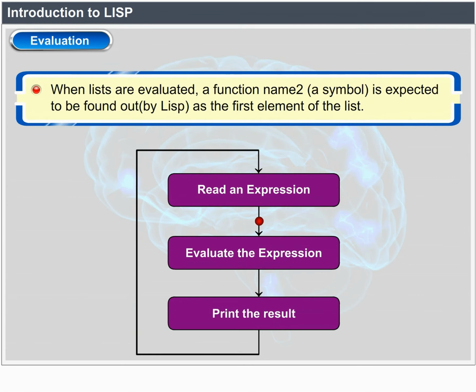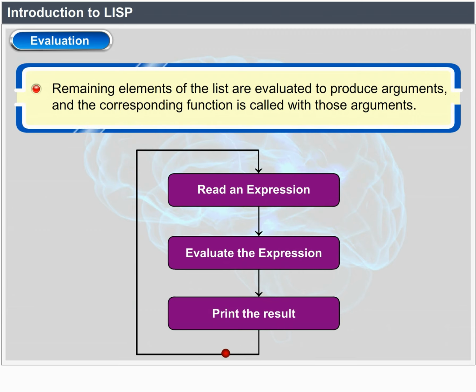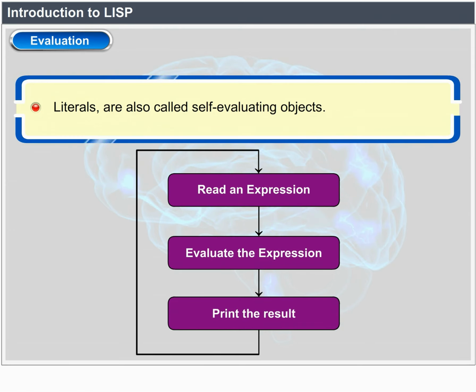When lists are evaluated, a function named by a symbol is expected to be found by Lisp as the first element of the list. Remaining elements of the list are evaluated to produce arguments, and the corresponding function is called with those arguments. Literals are also called self-evaluating objects.